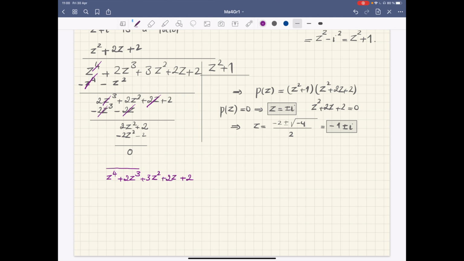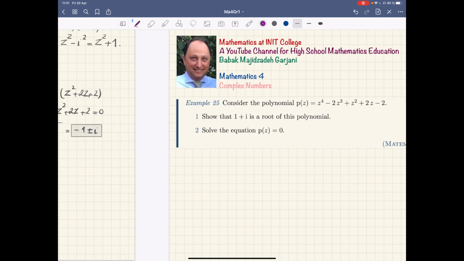And then I don't know if I have enough space here. Hopefully. So I would write Z minus I here. Okay, so let me write as small as possible here. So let me just do it. I take Z to the 4. This is a little bit tricky. Let me see if I have enough space here.